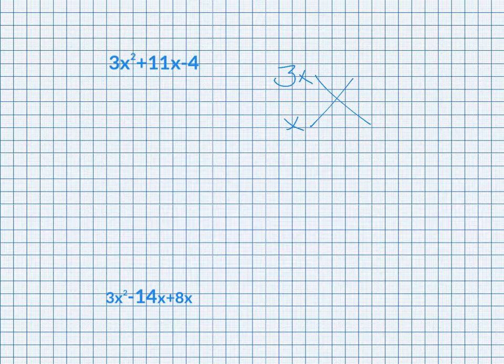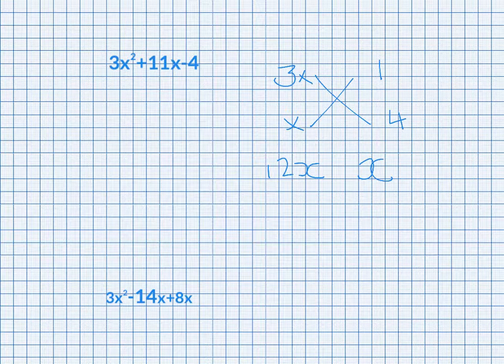On the other side I'm looking for factors of negative 4. I'm going to not look at the sign for the moment, so I'm going to put in a 1 and a 4. I'm going to do the cross multiplication, so I'm going to do 3x times 4. I'm going to do 1 times x. That will give me 12x and x.